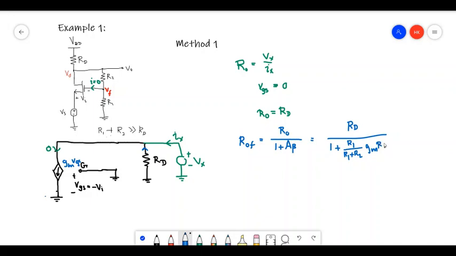So that is method 1, using open loop parameters to calculate the closed loop parameters.